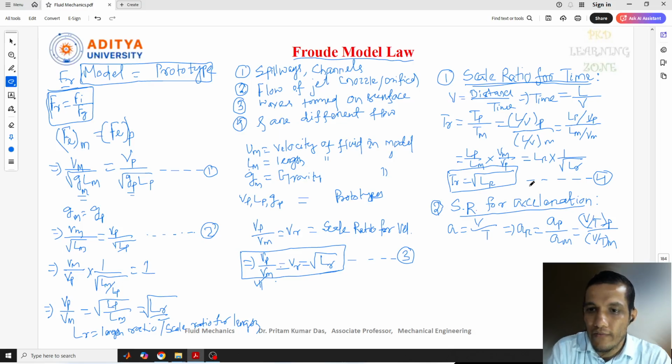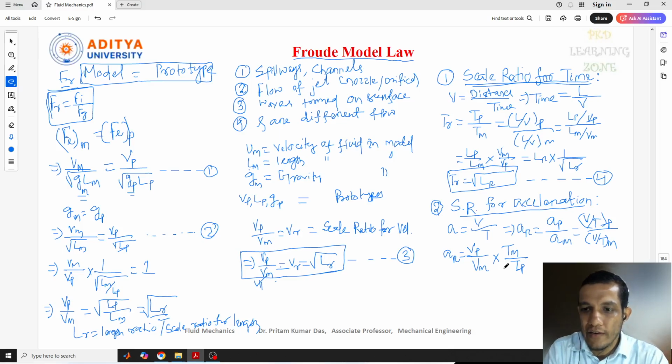Like what we have done for the earlier one, similar kind of things we can do for the others also. So again we can write AR equal to VP by TP, again VM by TM. So we can write VP by VM, and again TM by TP.